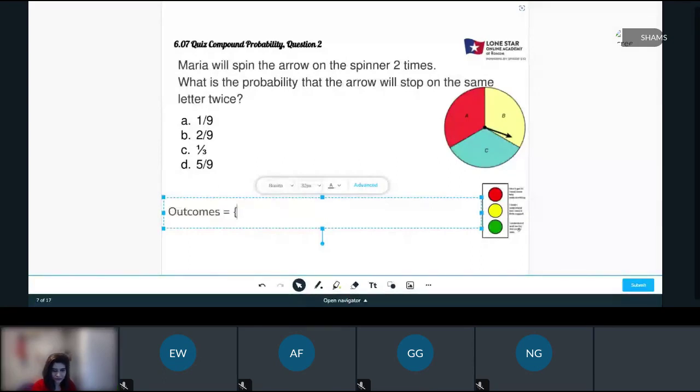So first outcome: first spinner lands on A. The second spin might also land on A. One option. First spinner might land on A, but second spinner might land on B. Another option. First spinner might land on A, but second spinner might land on C. These are the three options for first spinner on A.